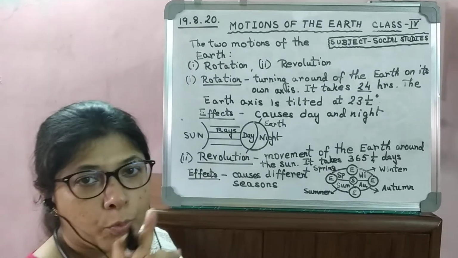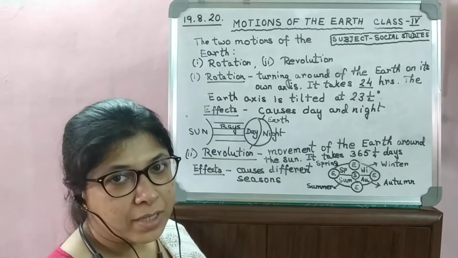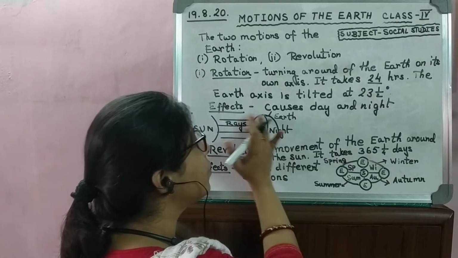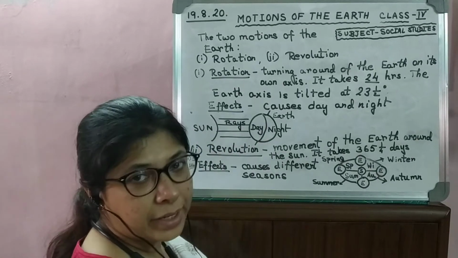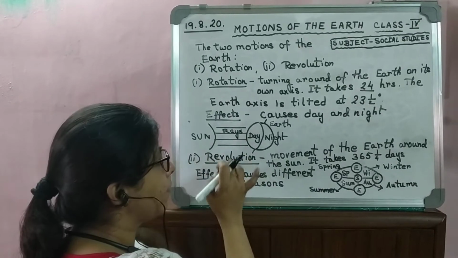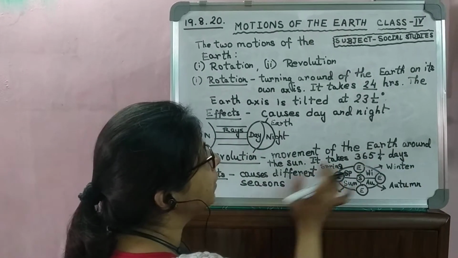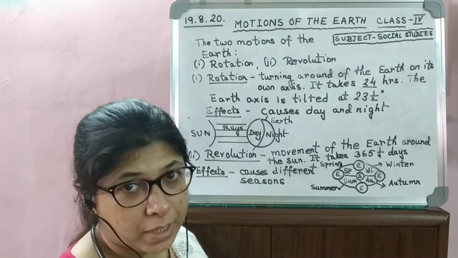The part of the earth that faces the sun gets direct rays of the sun. As a result, that part has day, and the part of the earth that is away from the sun does not get the direct rays of the sun and has night. Next, we have learned about revolution. Revolution means movement of the earth around the sun. It takes 365 and 1/4 days.